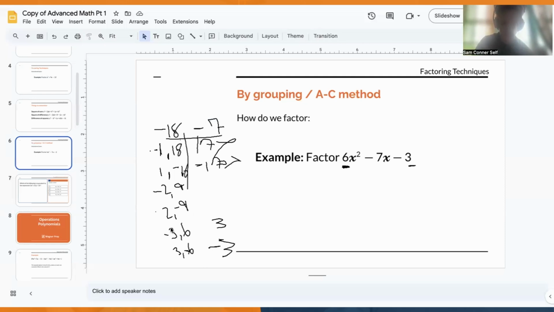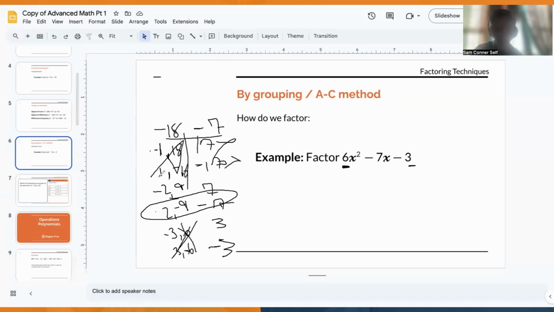So we also know that it's not going to be these 3 and 6. And then looking at this middle one, negative 2 plus 9 is going to be positive 7. And then 2 plus negative 9 is going to be negative 7. So this is the only factor grouping that adds up to negative 7.